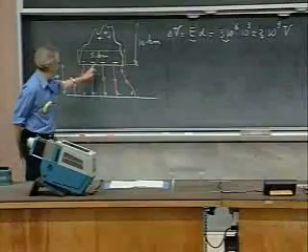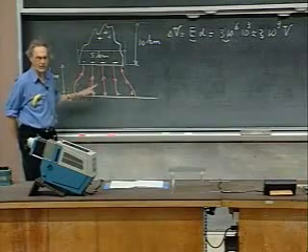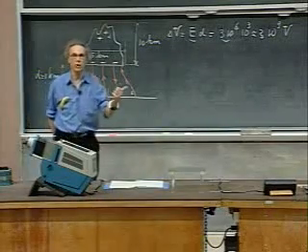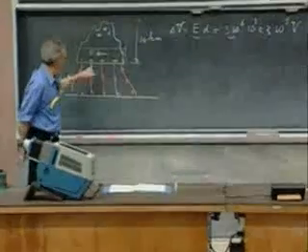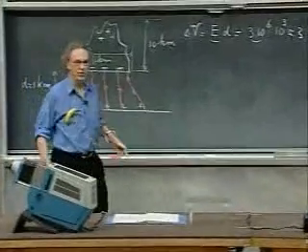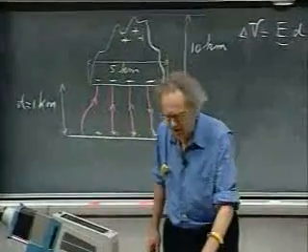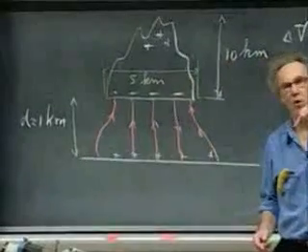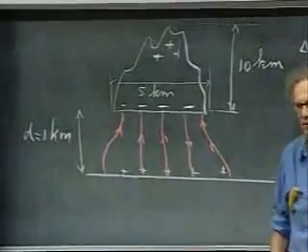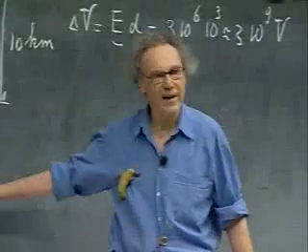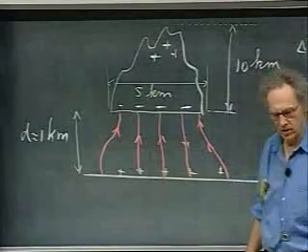The step leader creates a channel of ionized air, full of ions and full of electrons, which is an extremely good conductor. And when this step leader reaches the ground, there is this highly conductive channel, and the electrons can now very quickly flow from this channel to the ground. And that starts first right here at the surface of the Earth.